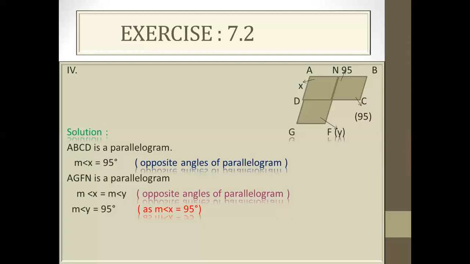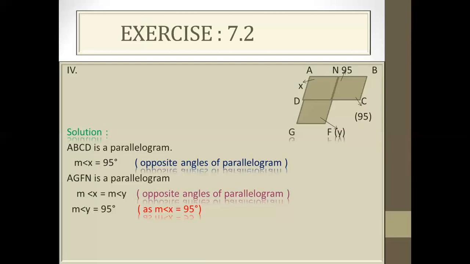A and F, they both are opposite angles of the parallelogram where X represents angle A and Y represents angle F. We already calculated the value of X from the previous parallelogram ABCD, where the value of x is 95 degree.